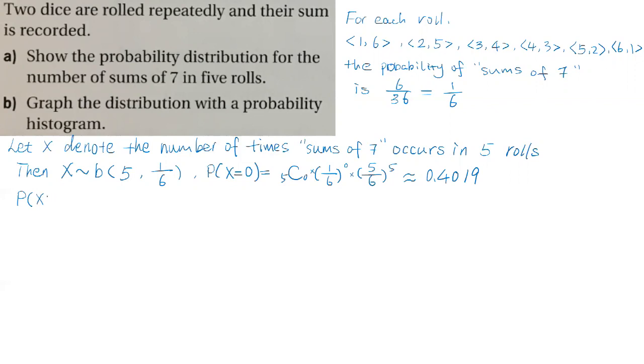The second probability, of x being 1, is C(5,1) times 1/6 to the 1 times 5/6 to the 4, right?